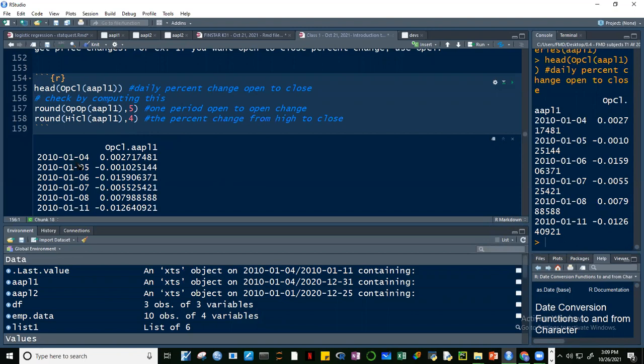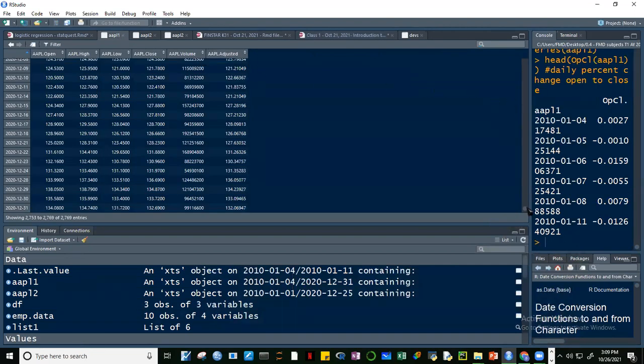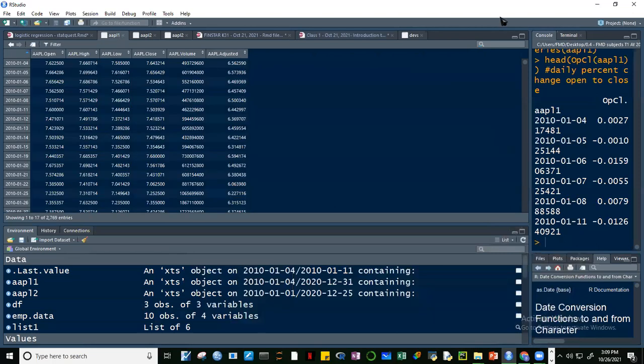So this is January 4, 2021. Let's see. The opening was 7.6225. The closing was 7.64. So the opening was lower compared to the closing, which is higher.